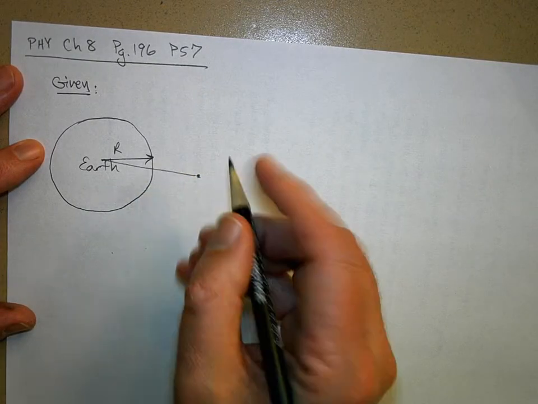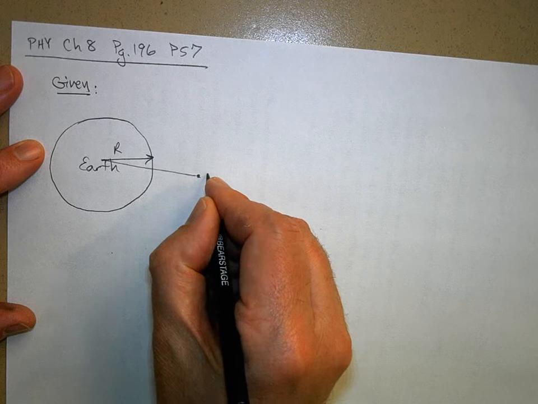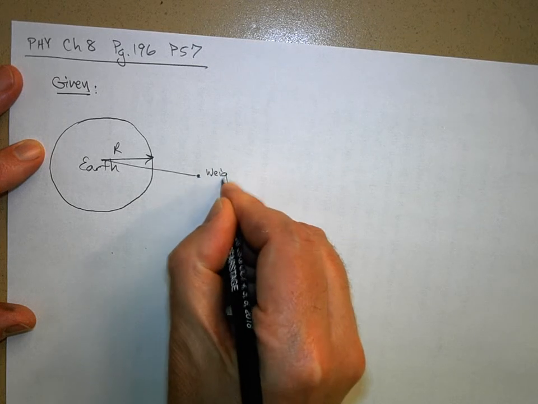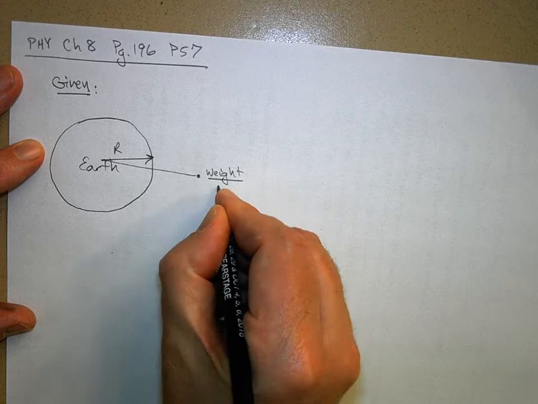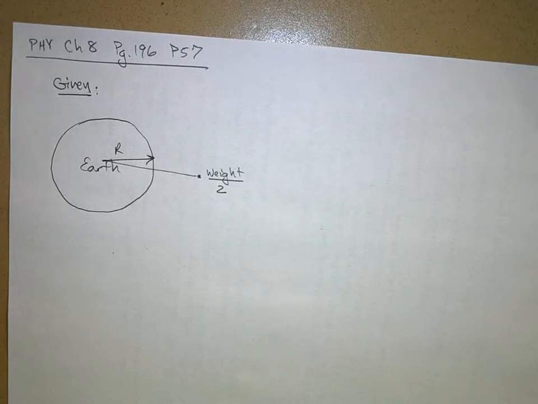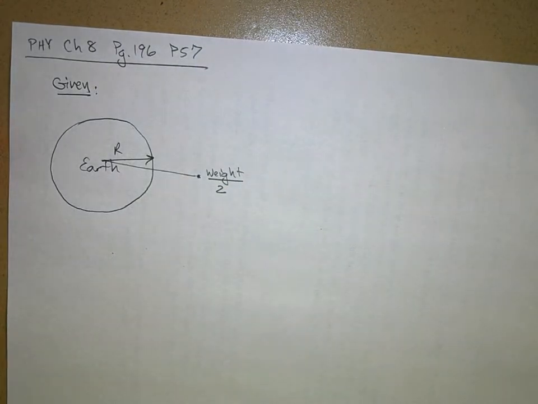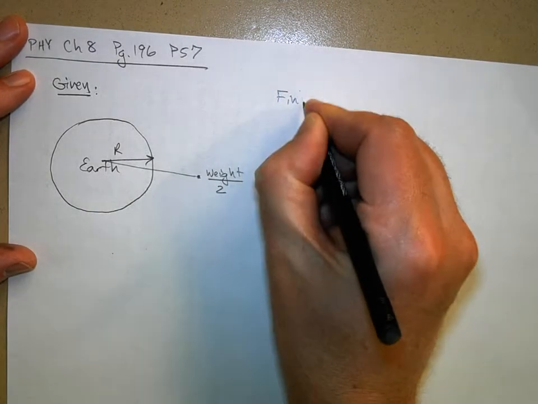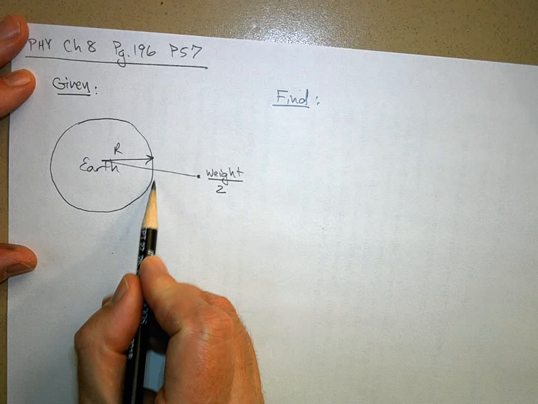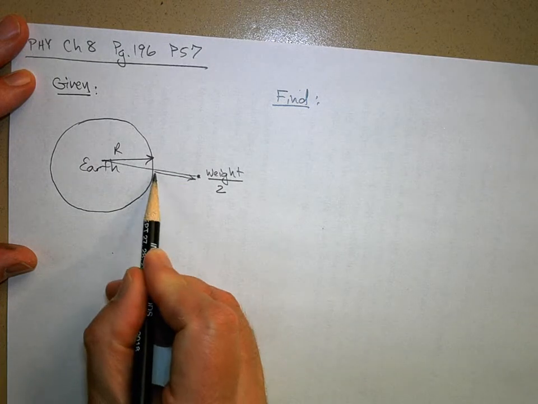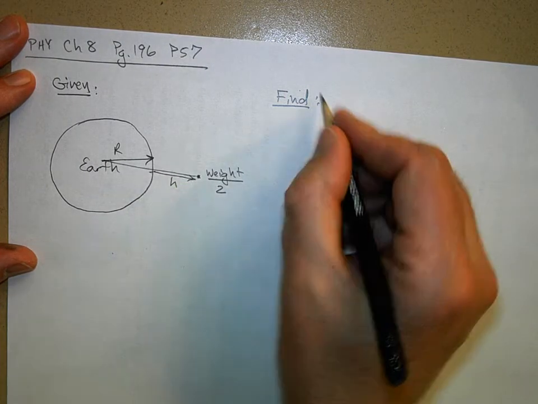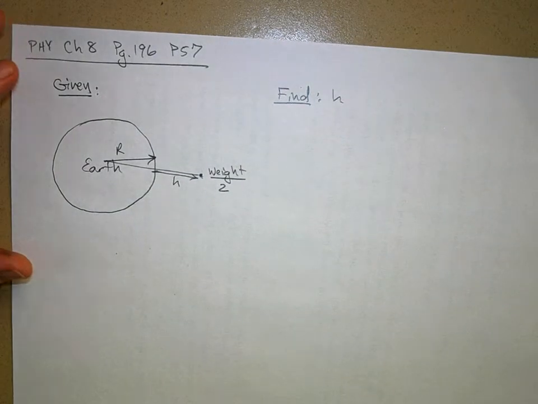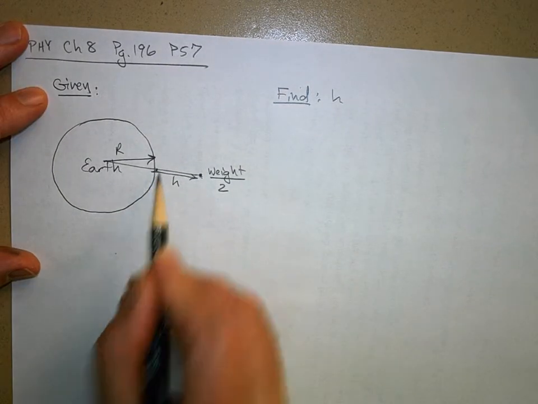So really, this is your weight, it's like your weight over 2. It's like you're dividing your weight in half. And you want to find the height. So really, that's this right here. You want to find h. H is the height above the surface, where your weight is half of what it is when you're down here.